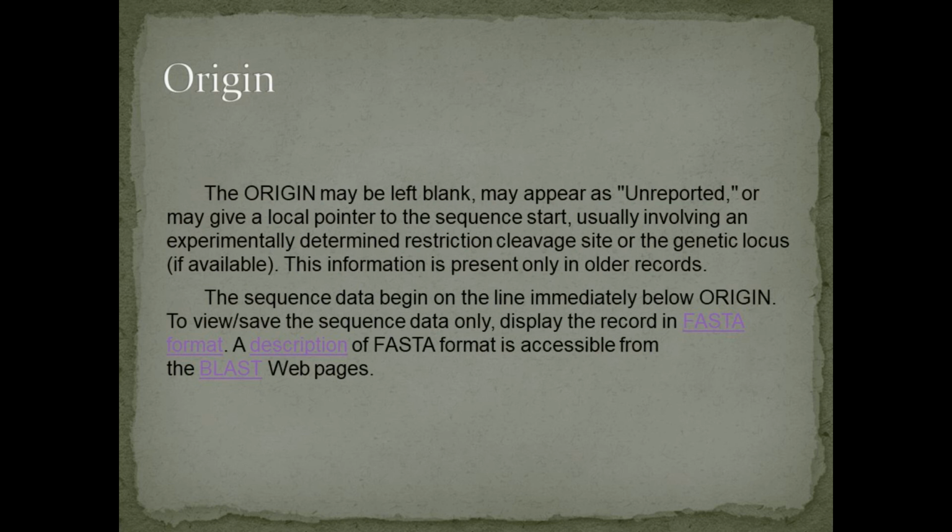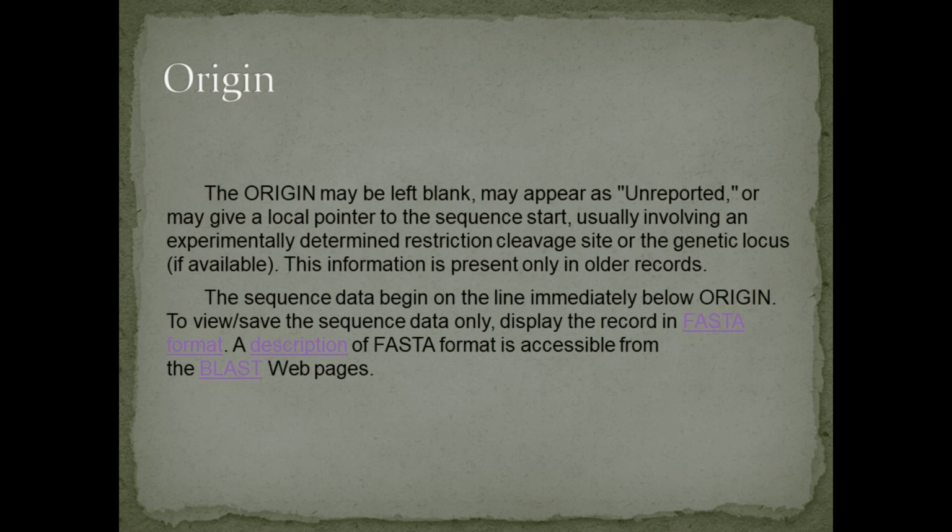The origin may be left blank, may appear as unreported, or may give a local pointer to the sequence start, usually involving an experimentally determined restriction cleavage site or genetic locus. This information is present only in older records.